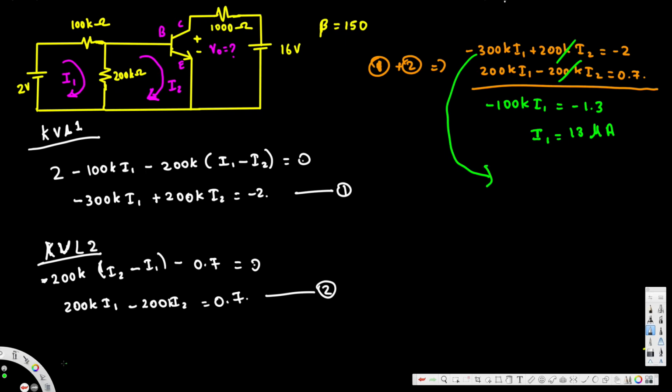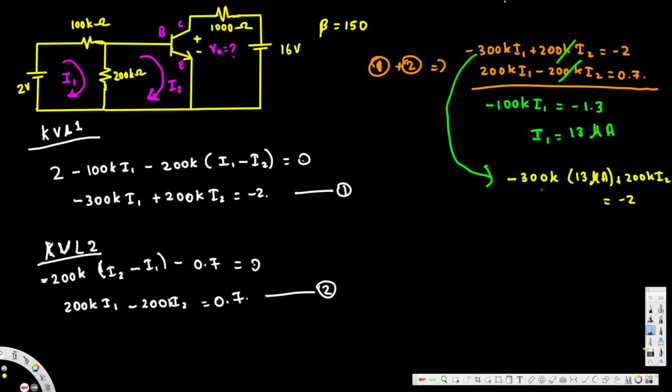Okay, if I plug it in this equation, this is going to be negative 300k I1, that is 13 microampere, plus 200k I2, that is equal to negative 2.